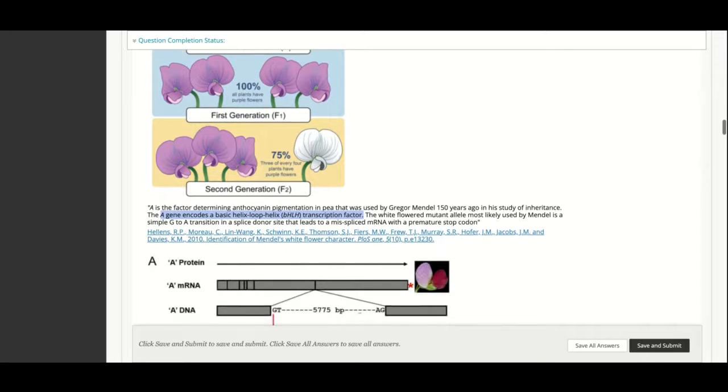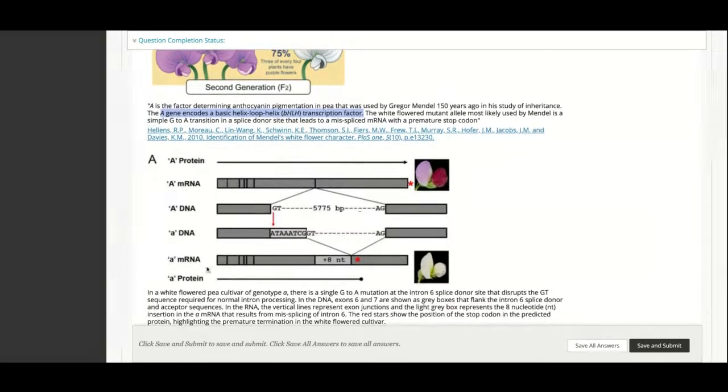So even though the heterozygote has this shorter transcription factor, it doesn't influence the action of the longer transcription factor.